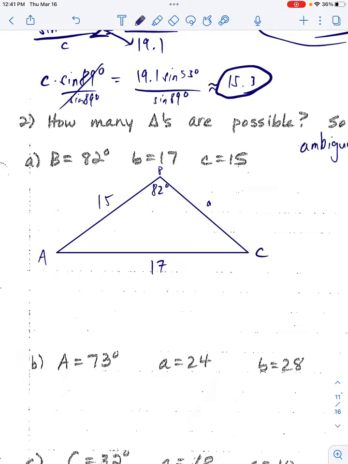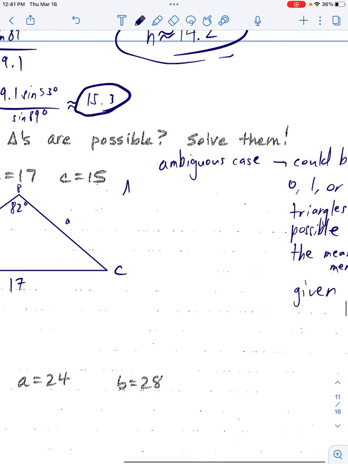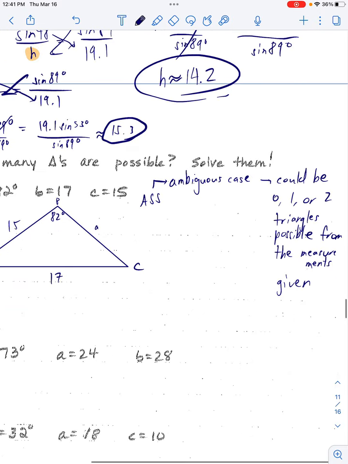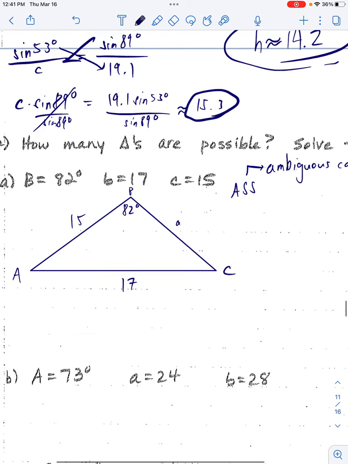They gave us angle side side. So that means we have the ambiguous case, which means there could be 0, 1, or 2 triangles possible from the measurements they gave us.